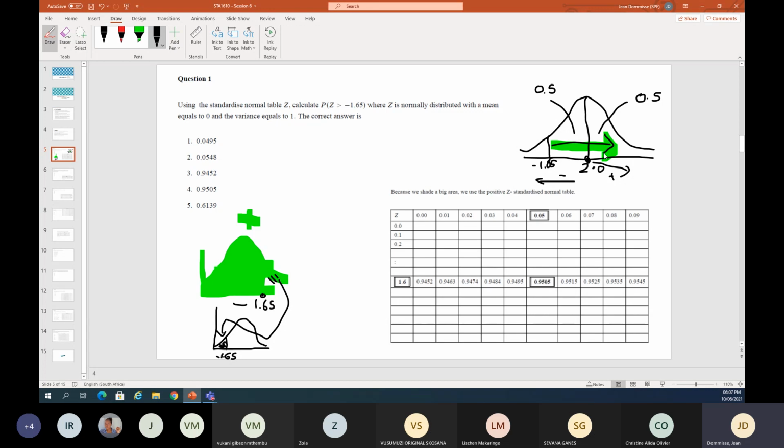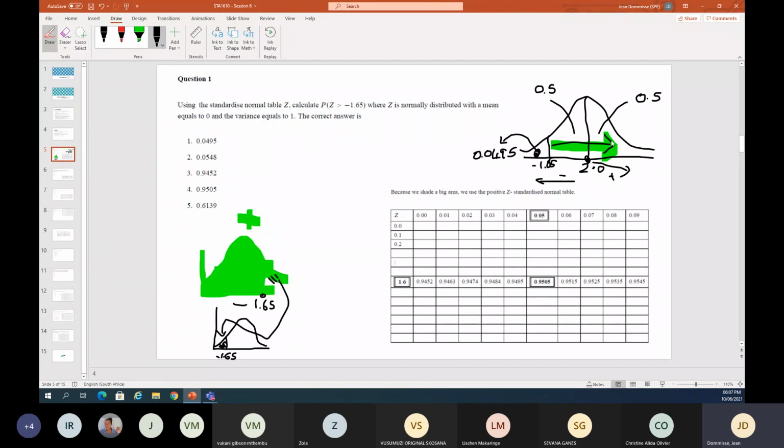If we go to the negative table for minus 1,65, we will get that value as 0,0495. So that area would have been 0,0495.